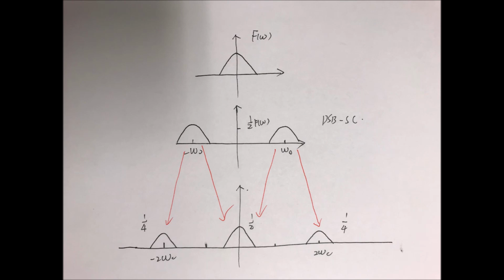On the other side, it will go to minus 2 omega c and go back. So those two, the blue one and the red one, will be added together.